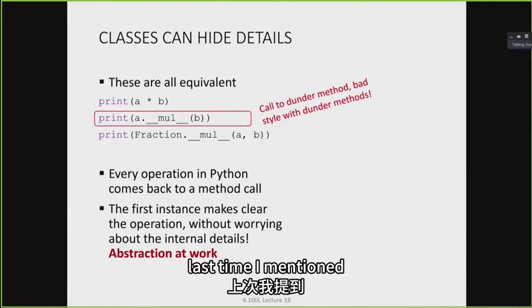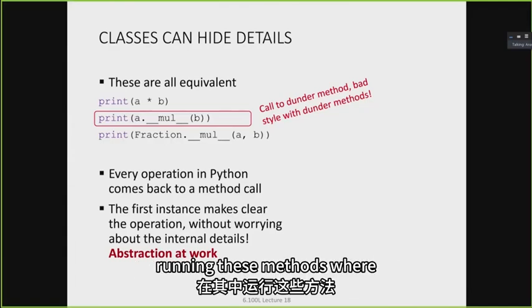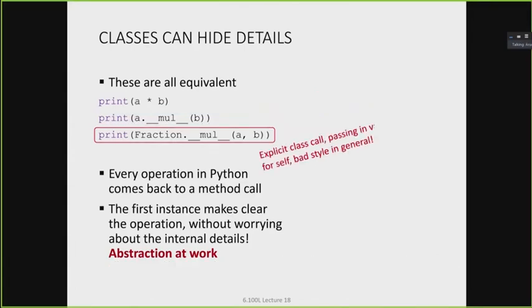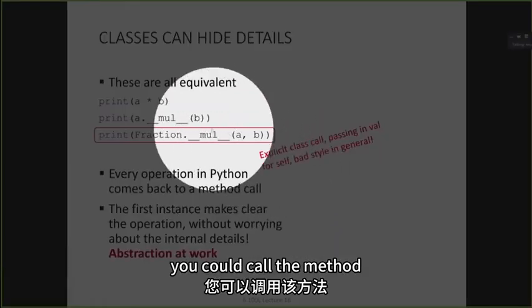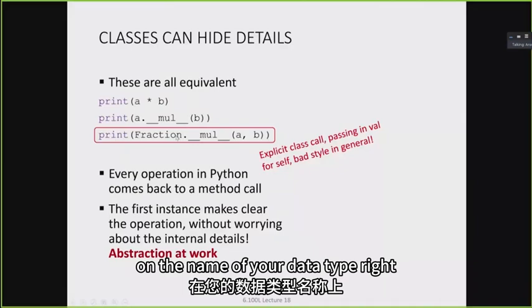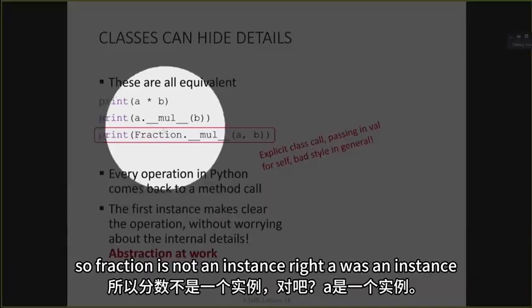And of course, last time I mentioned a way to hopefully demystify running these methods, where the self becomes the thing before the dot. You could call the method on the name of your data type, the type that you're currently creating, Fraction. So Fraction is not an instance.